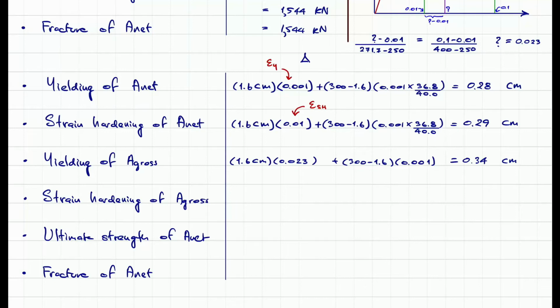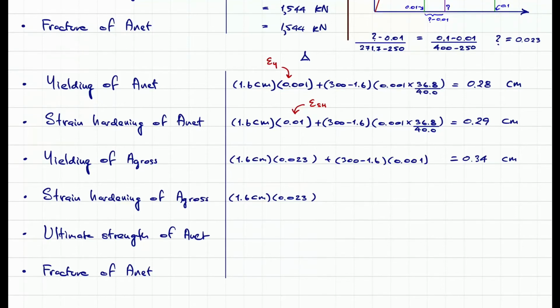And strain hardening of the A cross. Next step, it does not change the force in the A net, so the A net is still there, whereas the A cross is subjected to the new strain value, which is this one.